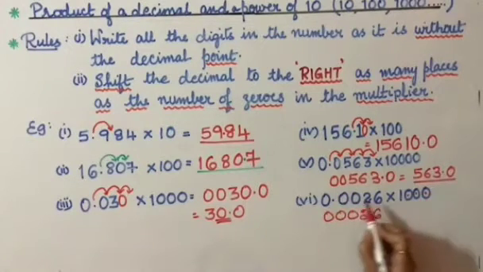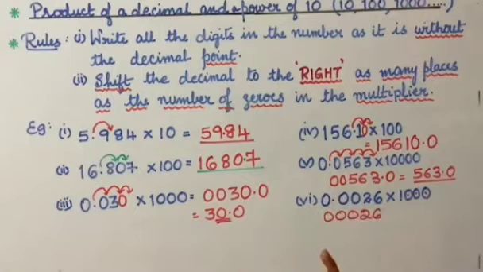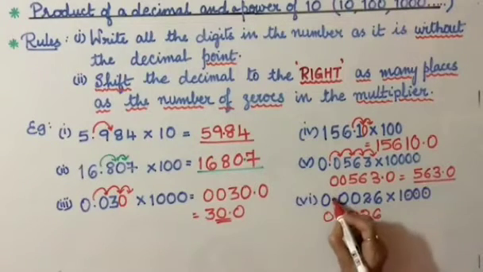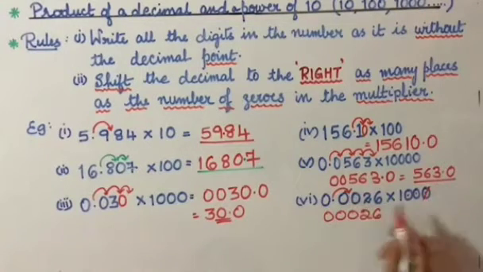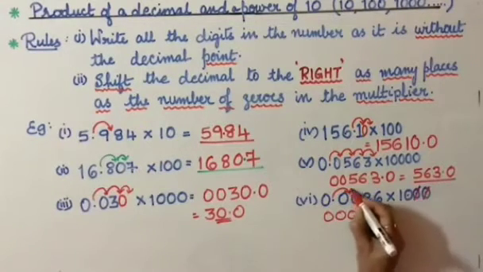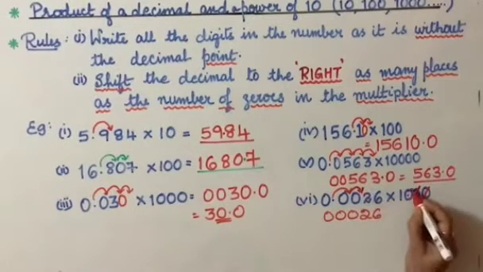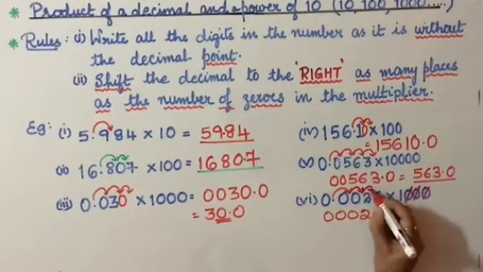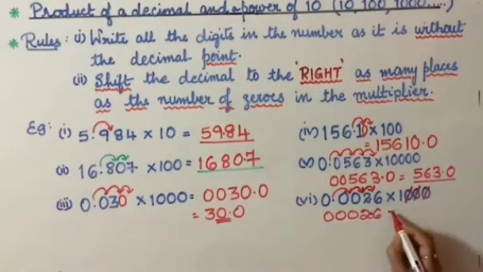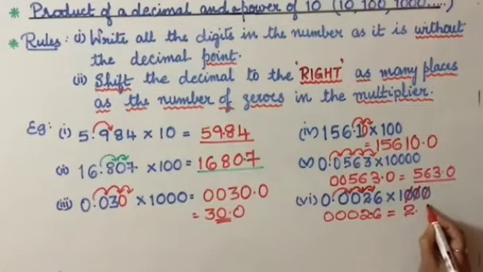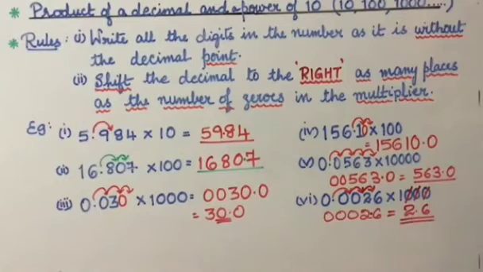So for every 0, shift your decimal point to the right by 1 place. 1 zero, 1 place. 1 more zero, 1 more place. 1 more zero, 1 more place. Your decimal has now come here. Your answer is 2.6. Clear, children?